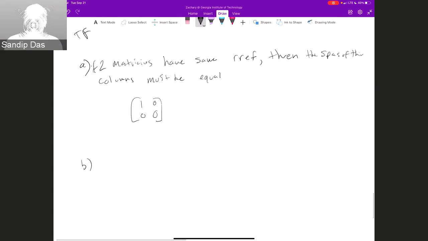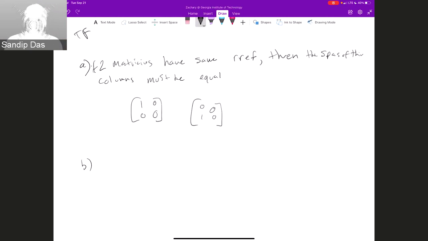Yep. And you have another 2x2 where the first row is 0, 0 and the second row is 1, 0. Or wait, I'm going by rows, so it's the rows. My bad.